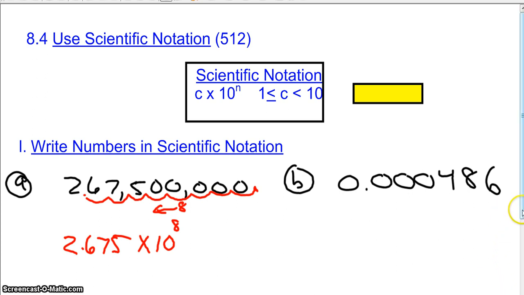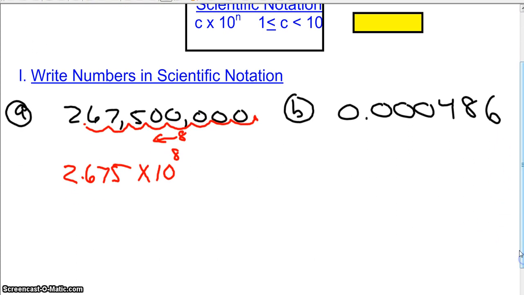We can do a similar thing with a really tiny number. This number is 486, and then we have to name it by naming this last place value. Who can name this last place value? Hank? So we would say tenths, hundredths, thousandths, 10,000ths, 100,000ths, millionths.